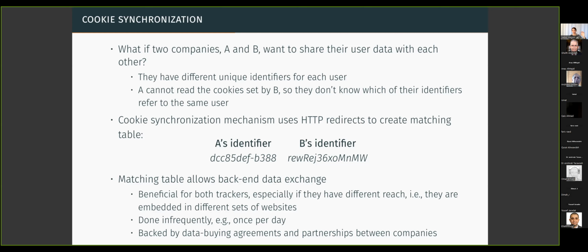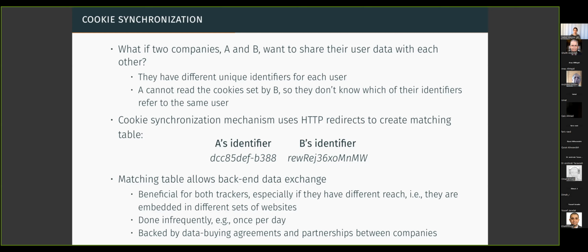And then that website does the same thing and redirects back to the first one, and this time attaching their cookie identifier. And in that way, the two companies can make a matching table where they match the cookie identifiers that refer to the same users.